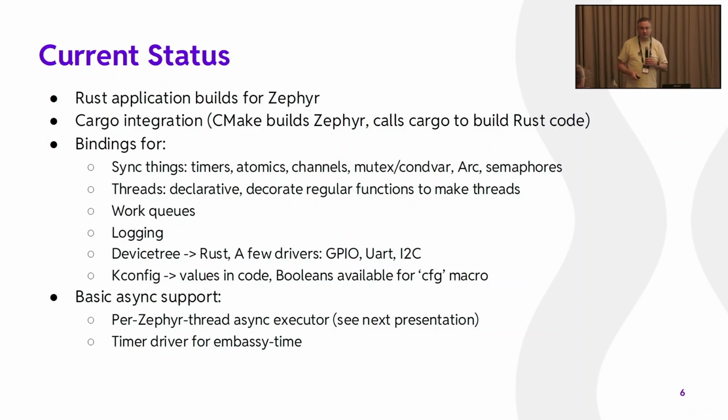There's also a timer driver. It's like a dozen lines of code that implements the timer that a third-party library out there called Embassy wants, that then makes a whole bunch of the Embassy code just work fine. This code is just perfectly usable on top of Zephyr now.